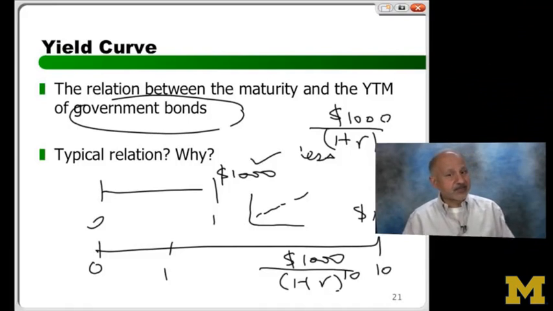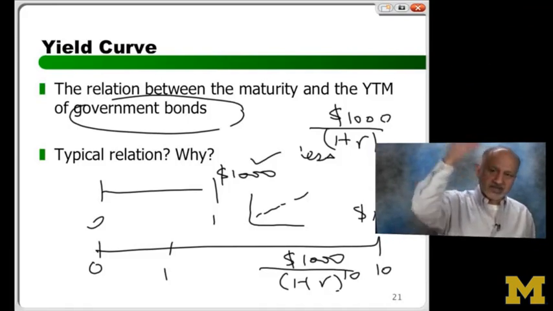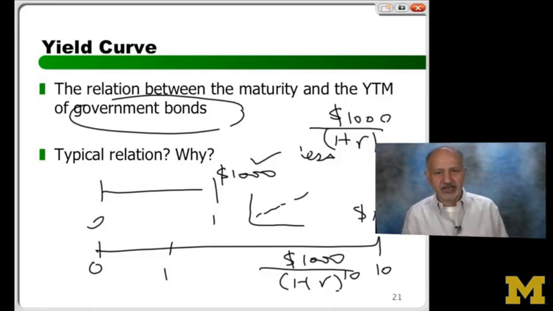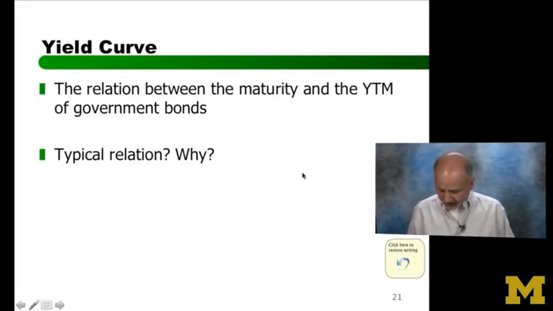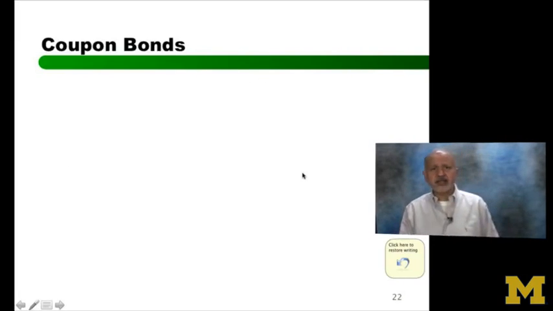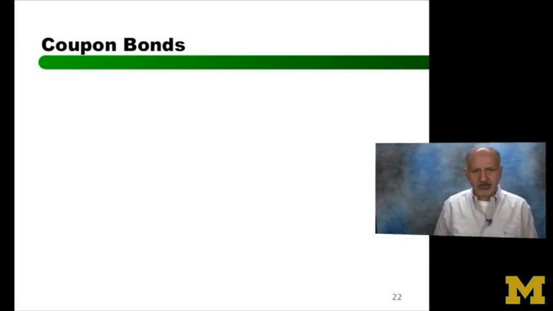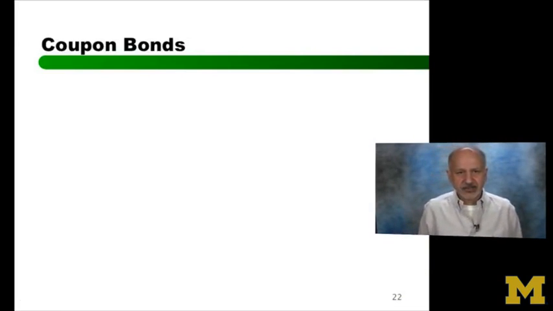That doesn't mean always going up. There's a second component, which is how much we expect the interest rate in the future to be and stuff like that. But I just wanted to give you a flavor of this, and we'll talk about it and see some data later.